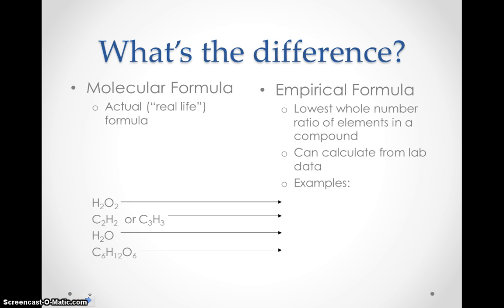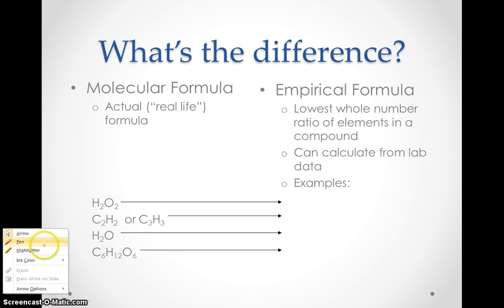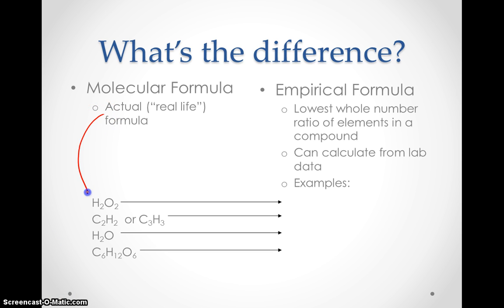So the first thing we want to do is understand the difference between molecular and empirical formula by definition. If we're looking at a molecular formula, what that means is it's your actual formula. So it tells us the exact number of each element in the compound.